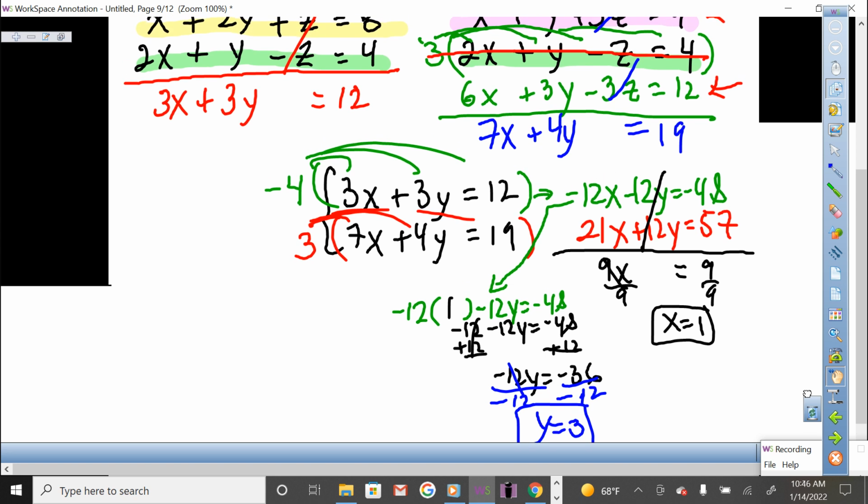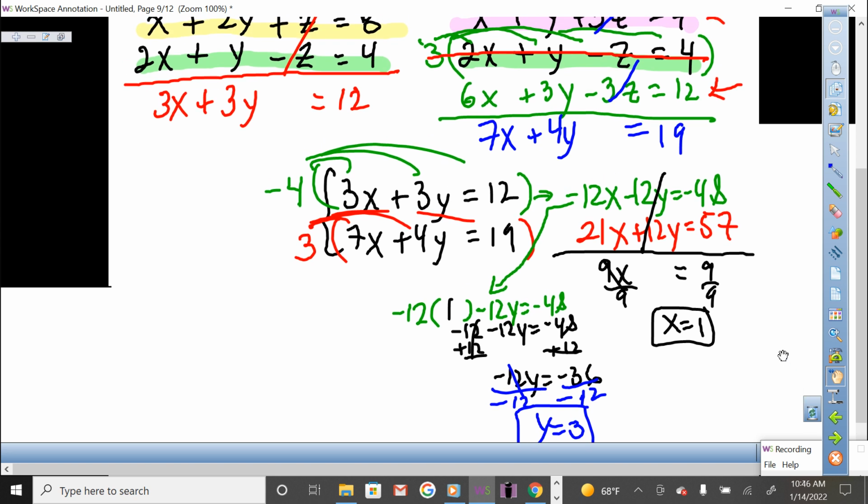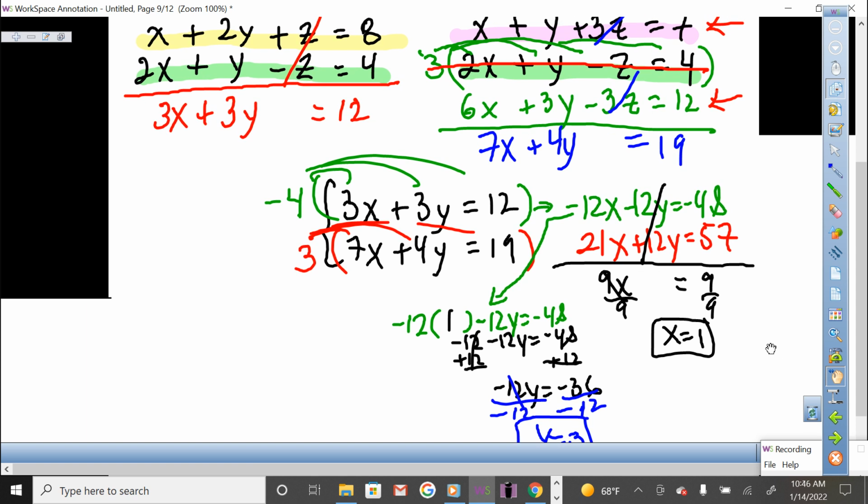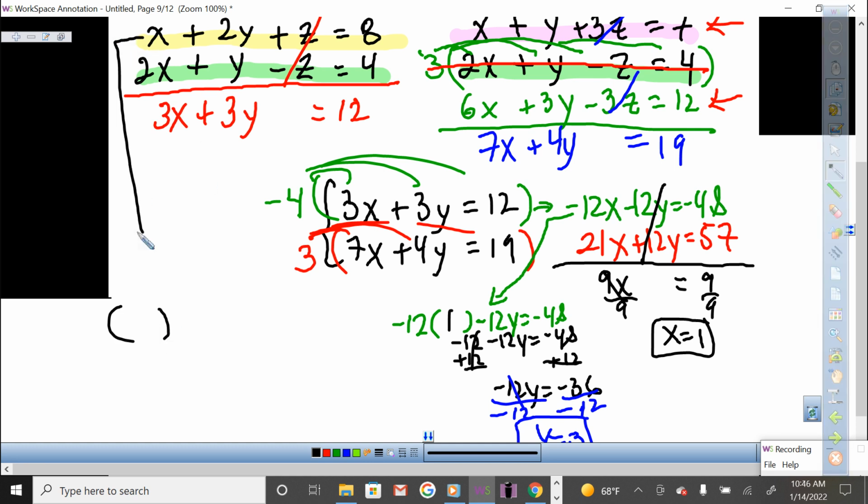And what do we do at the end? Tell your neighbors, please. Which one are we going to use to substitute? The yellow, pink, or green? Yellow? Alright, so bring the yellow down. So we got parentheses for x, so I'm using this one, plus 2 parentheses for y, plus z equals 8.